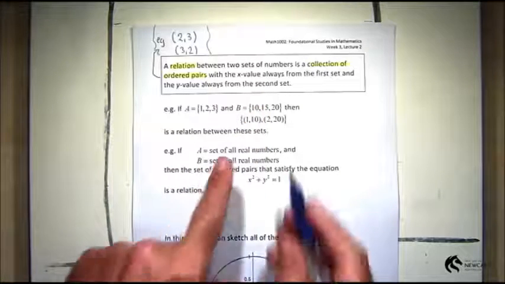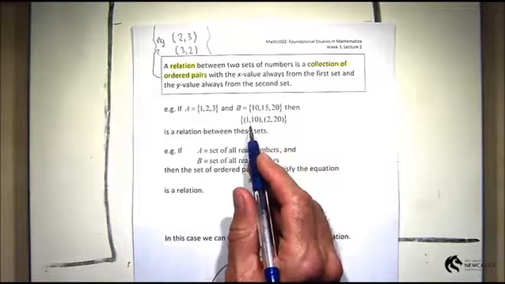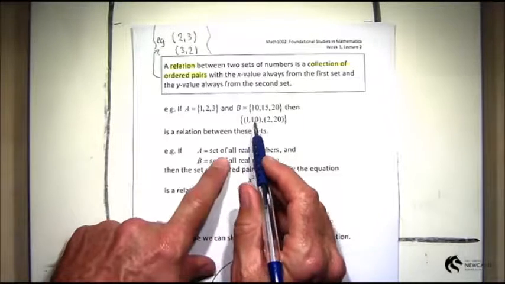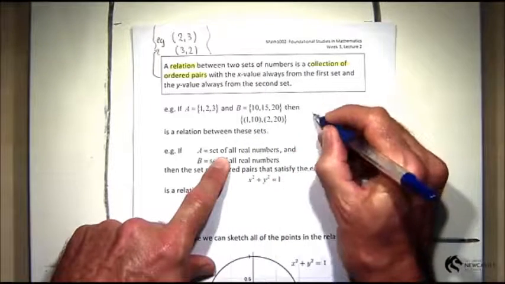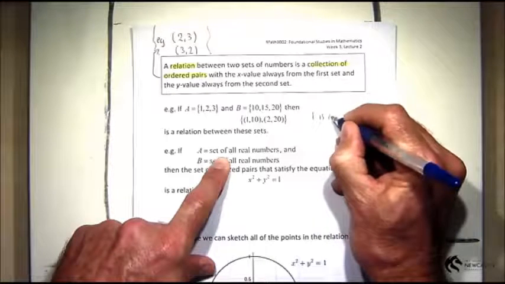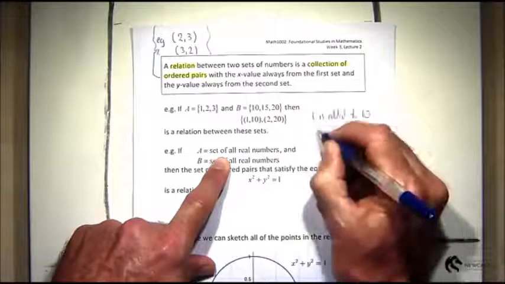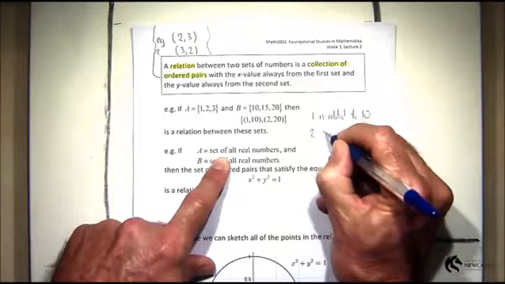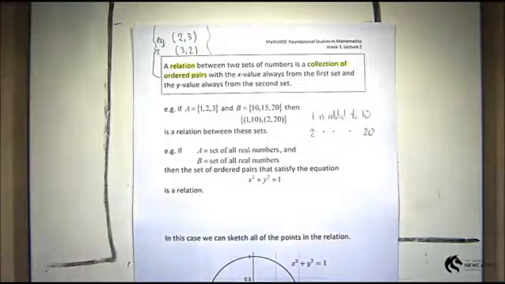And so this would be a relation in here. What we think is 1 is related to 10, and 2 is related to 20. That's what that relation would tell us.